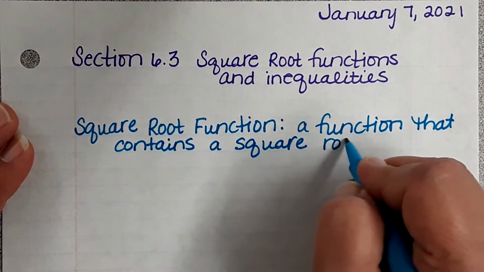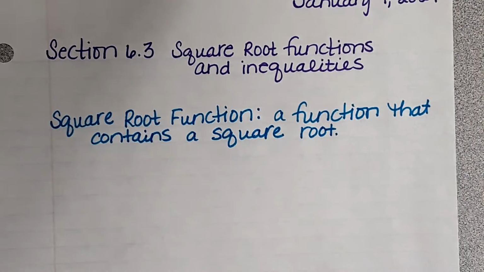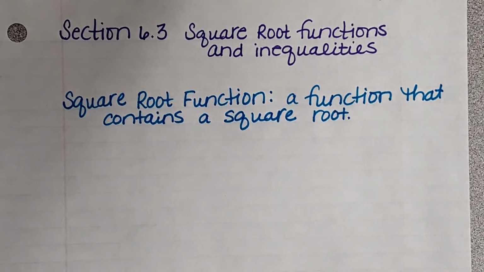Now, you can have radical functions. You remember a square root is a radical. This just means that the only root that we're actually looking at is the square root. So, like with any function, there are parent functions.